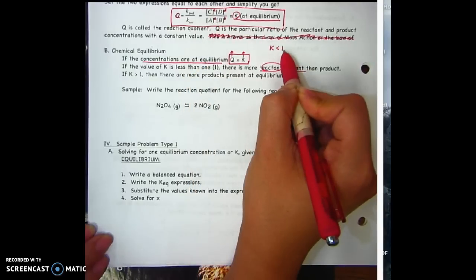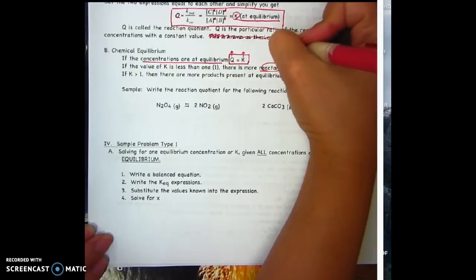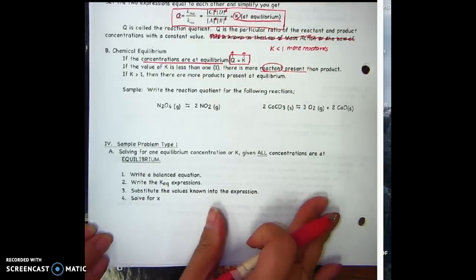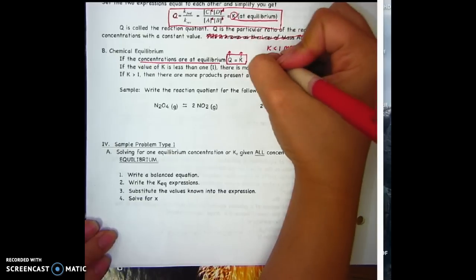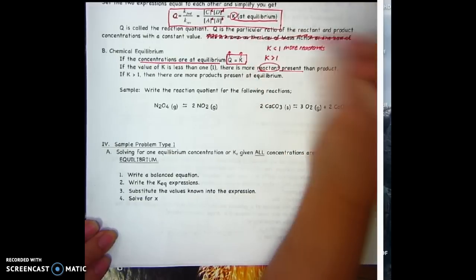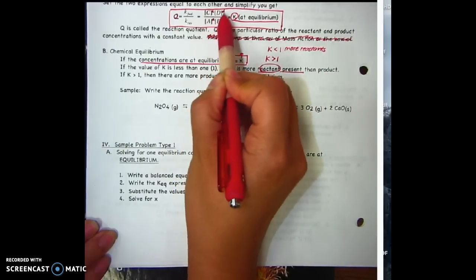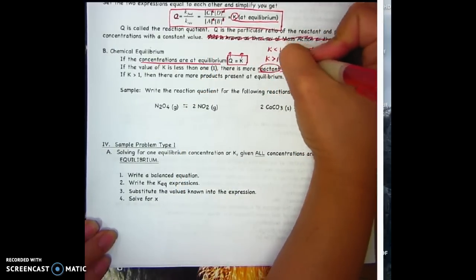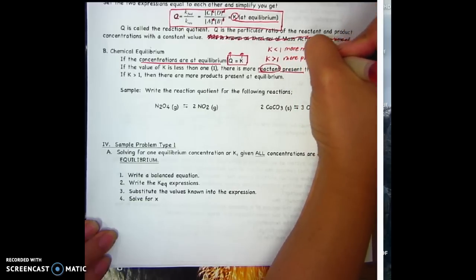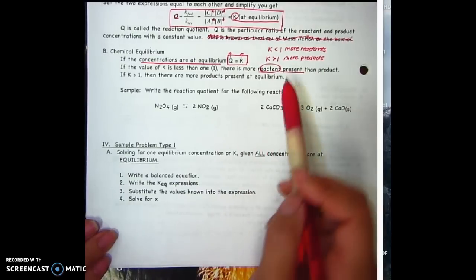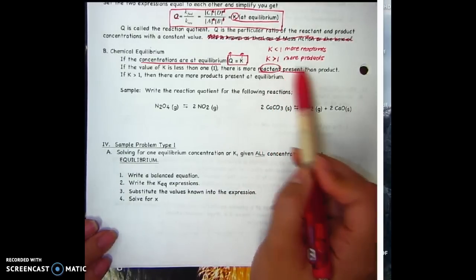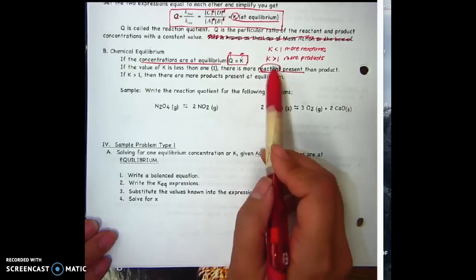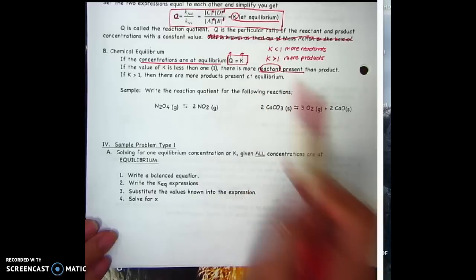So if you get a number that's less than 1, it means that you have more on the bottom, so we have more reactants. The opposite is true. If your K is a number bigger than 1, it means that you have a lot more up here than you'd have down here, so we have more products. And if K is equal to 1, it means you have the same amount of reactants and products, but that doesn't happen all too often. It's usually going to be smaller than 1 or bigger than 1.